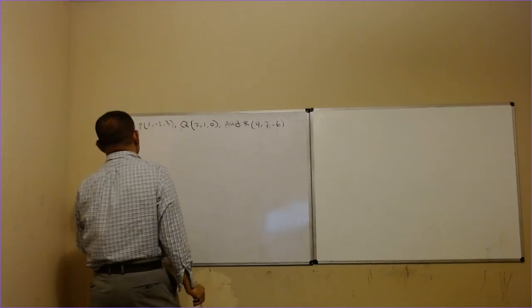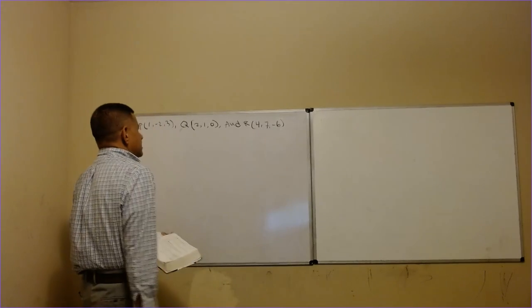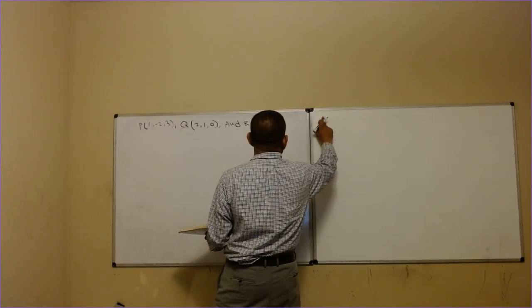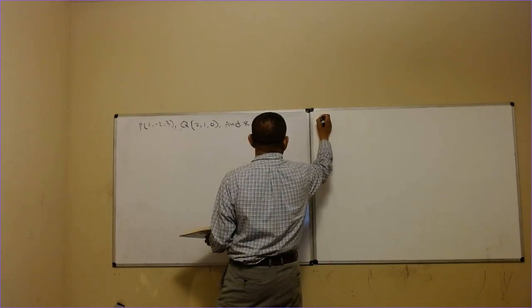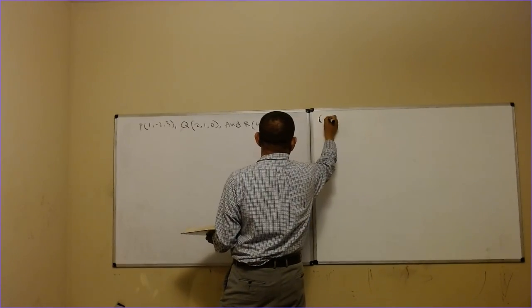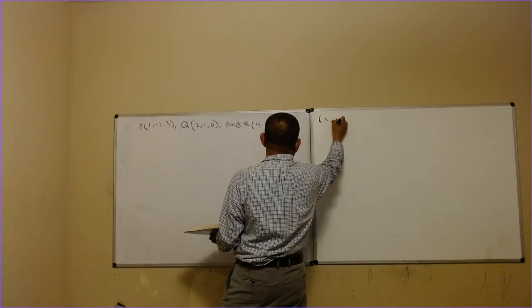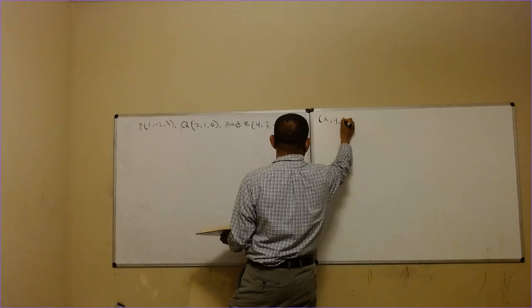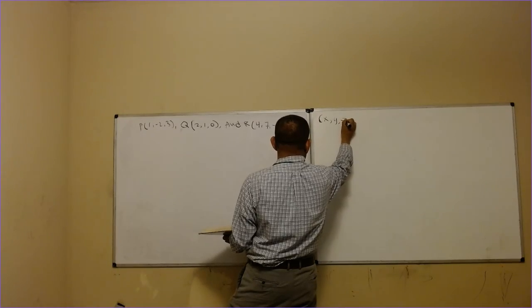Right? So we understand this. We're dealing with a three-dimensional space, so we're dealing with X, Y, Z. We're dealing with three variables, right?